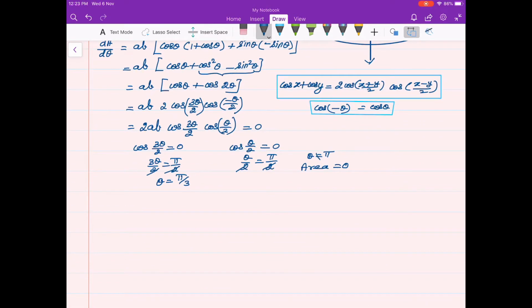Now, second derivative test. d square A divided by d theta square is equal to, let us differentiate this step. If you take the next step, we have to use product rule, which can be avoided. ab into differential of cos theta is minus sin theta, and differential of cos 2 theta is minus sin 2 theta times 2.